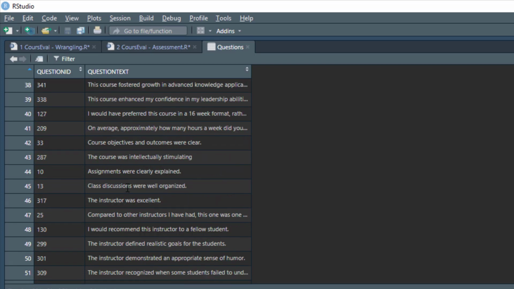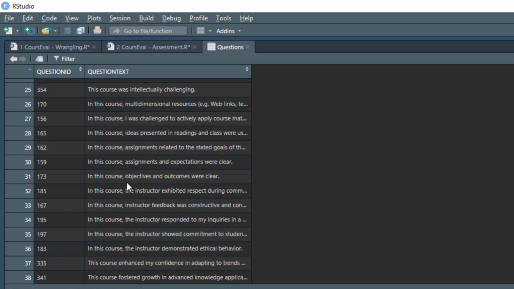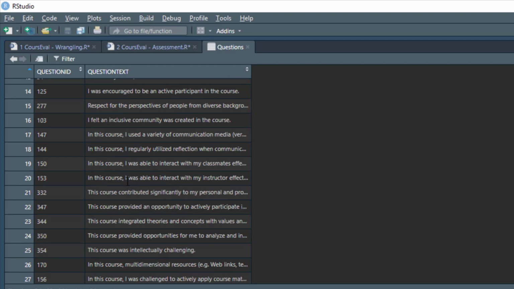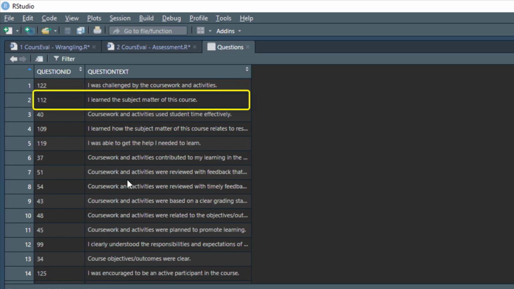After taking a look at that, I decided that question 112 is the most meaningful question, and that is, "I learned the subject matter for this course." So that's going to be the target question in our analysis, and we're going to try to find correlations between these other questions and question 112.